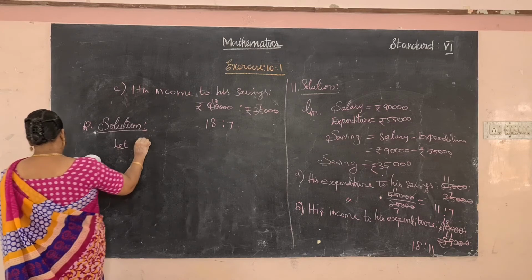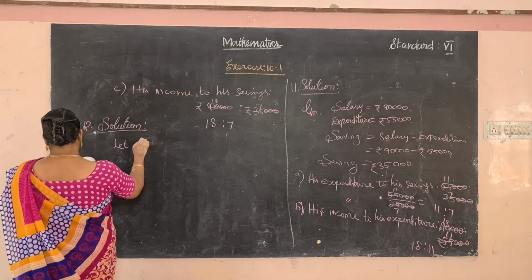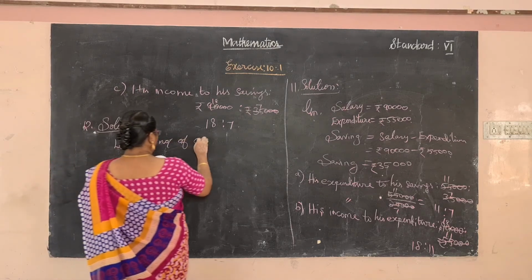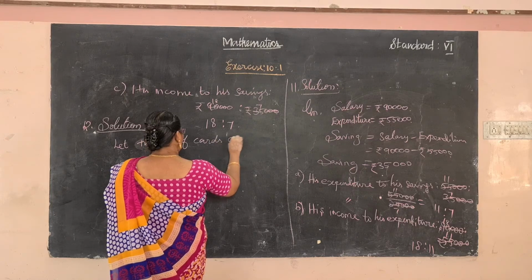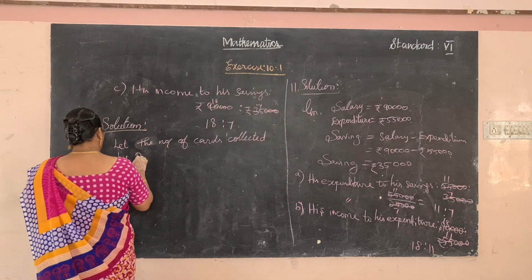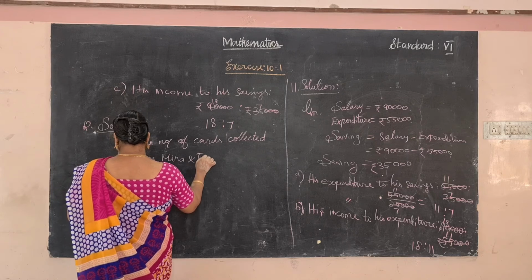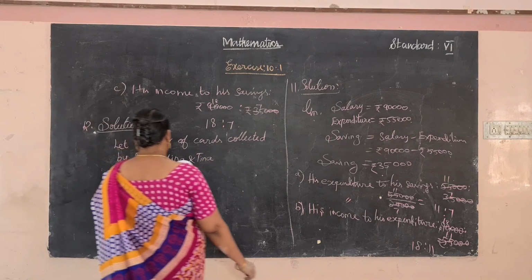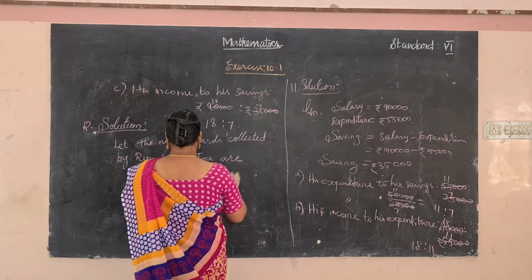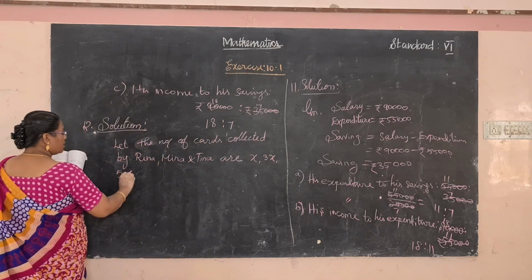Let the number of cards collected by Reena, Meena and Tina be x, 3x, 5x respectively.